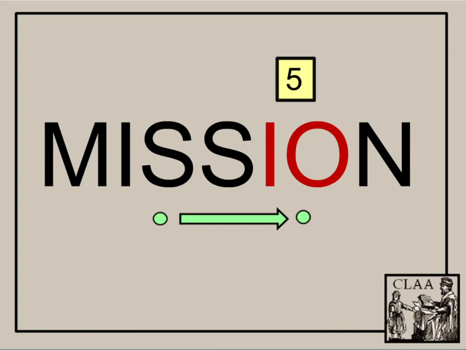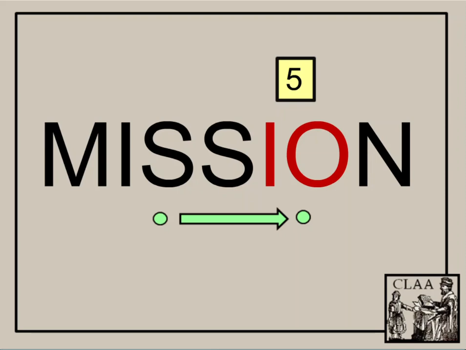And after the digraph, you see a final letter N. This is the digraph I-O, and it's read with the sound uh. Let's read this word together. Mission, mission.